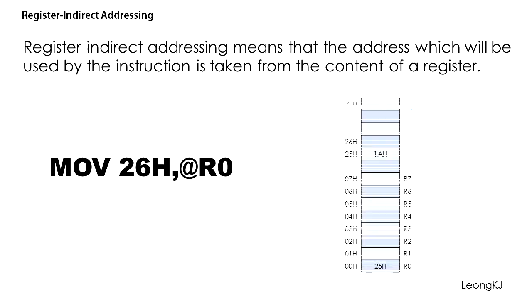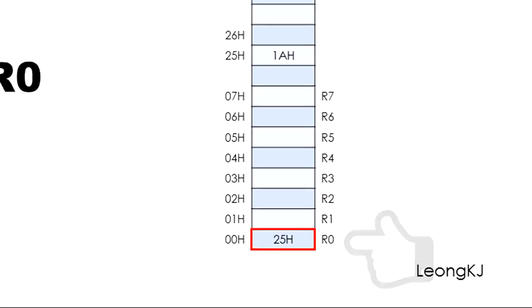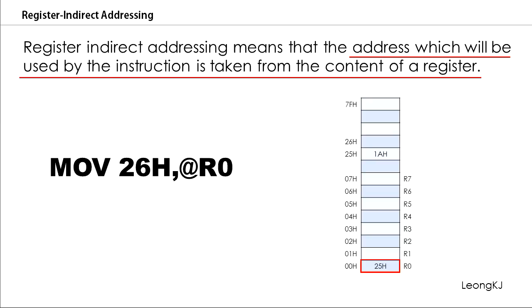Let's assume these are the contents in the internal data memory. The content of register R0 is 25 hex. Recall the statement, the address which will be used by the instruction is taken from the content in the register.